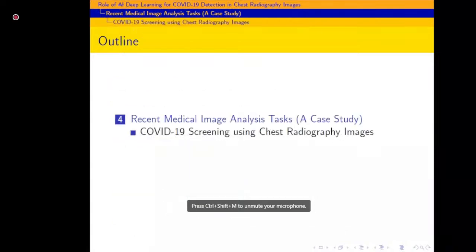So we're slowly moving towards our main goal of discussion, which is COVID-19 detection. We have seen the importance of cutting edge AI technologies, which is convolutional neural network, as we are focusing on medical imaging. And also we have seen the importance of medical images. Now we'll see how these medical images together with convolutional neural network are useful in identifying COVID-19.